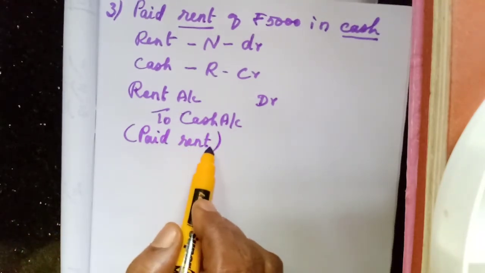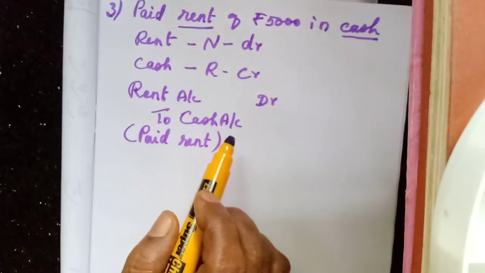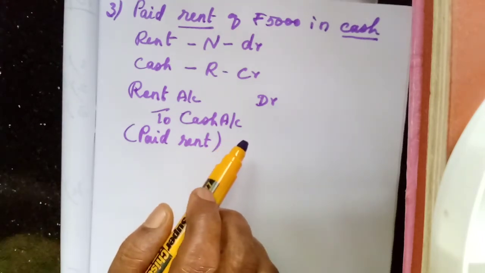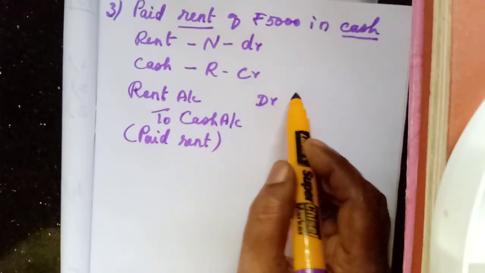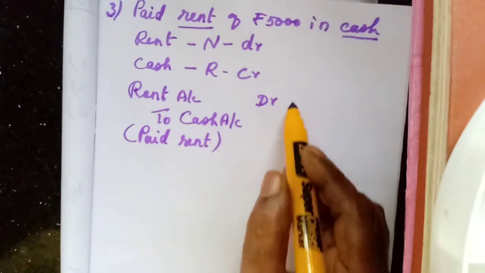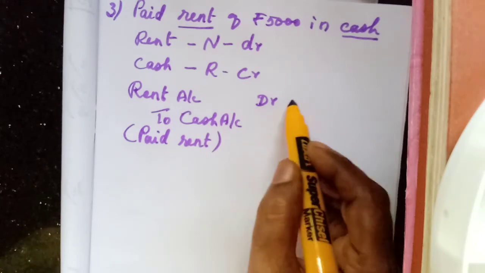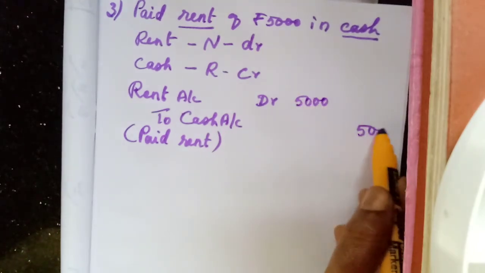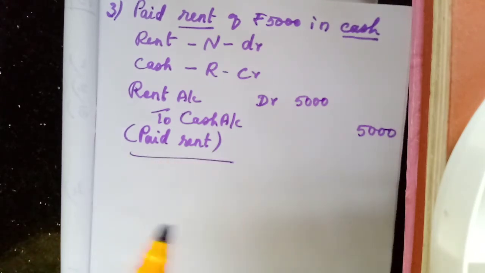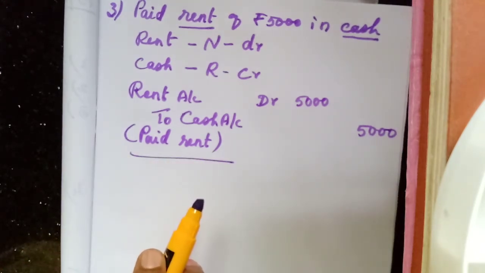In short also we can write, like furniture purchased. You can write in short also: paid rent for cash, paid rent in cash, anything you can write. Then write the amount 5,000. Then draw a line in the particulars column.